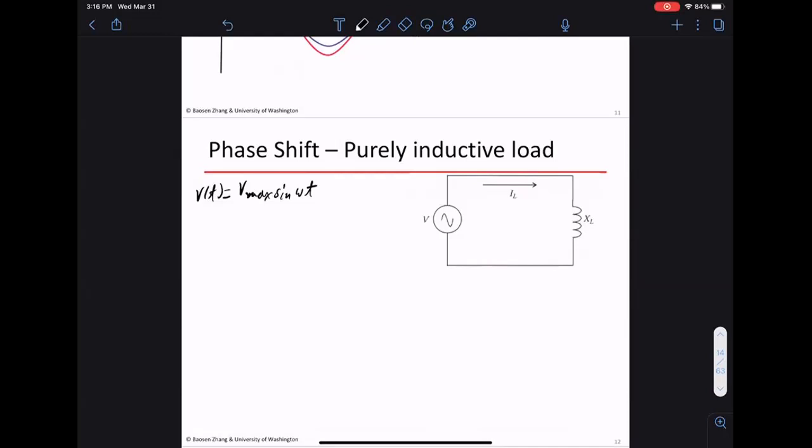We'll have lots of inductors in this class, many inductors. Remember the inductor equation. Have a sinusoidal voltage into an inductor. What is the current in the inductor?